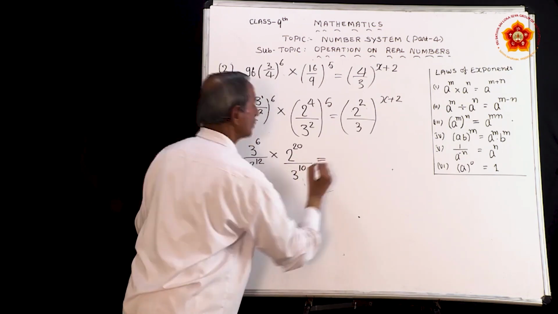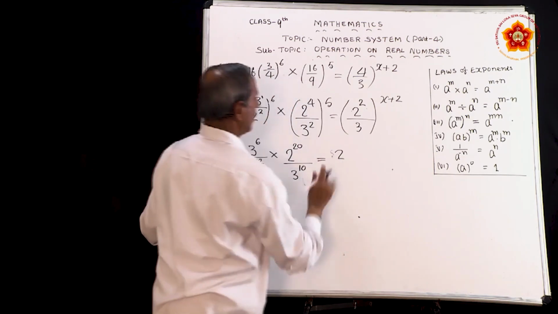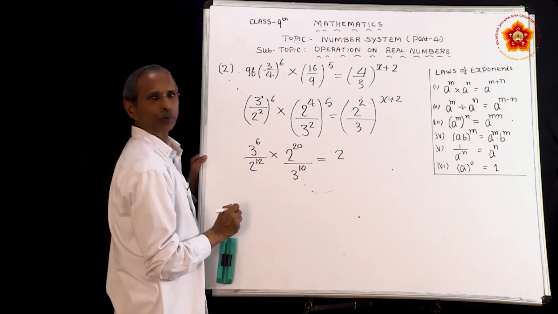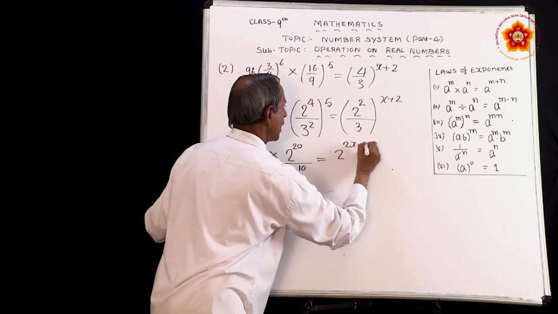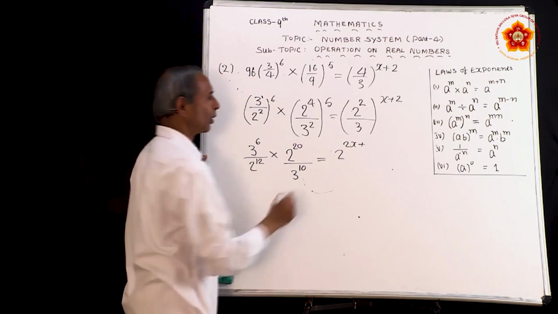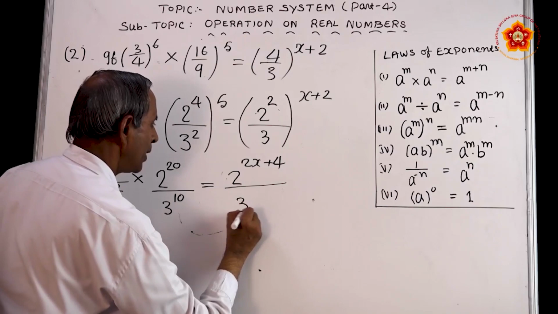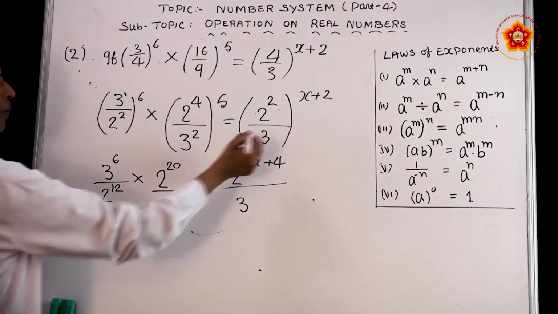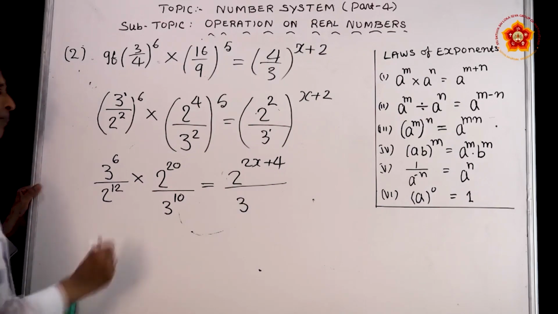That is equal to, here also you have to multiply x plus 2 by 2. So 2 into x becomes 2x plus 2 into 2 becomes 4, divided by, in the denominator 3 is there, power is 1, if you multiply 1 into x plus 2 you will get x plus 2 only.